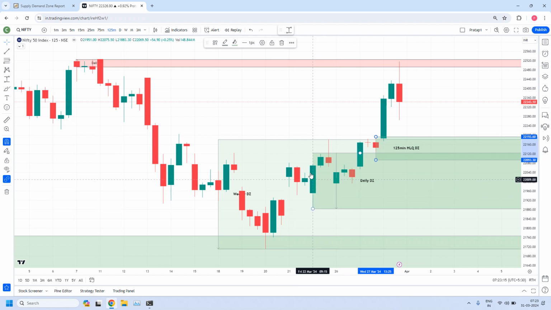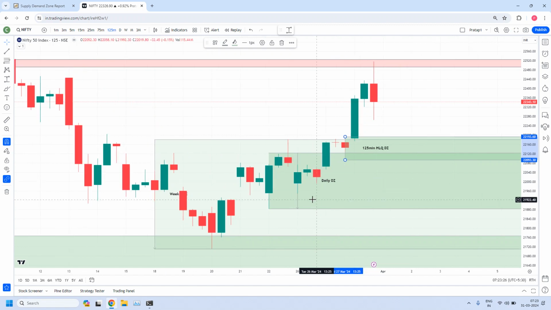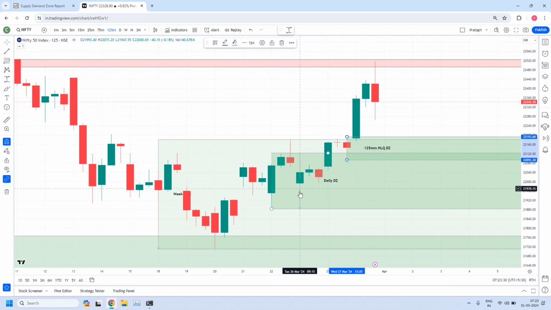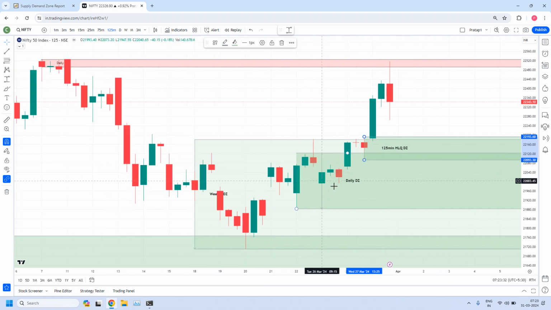Maybe the software considered rally 1, 2, 3, 4, 5 and rally, because this rally candle is part of this zone. It did not consider this. So when you do it manually, sometimes you can compromise and take it. The software considers this as a base candle. I am considering this as a leg candle. A little compromise. This is the way I can draw.